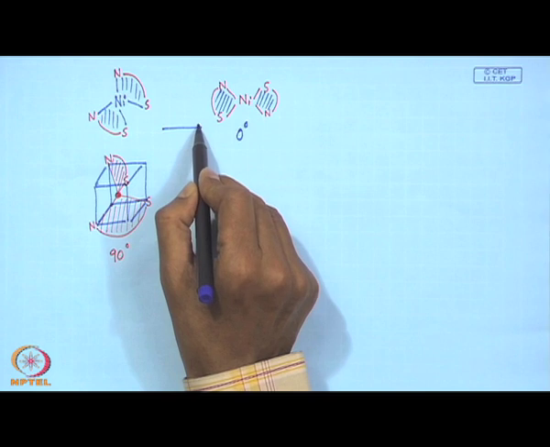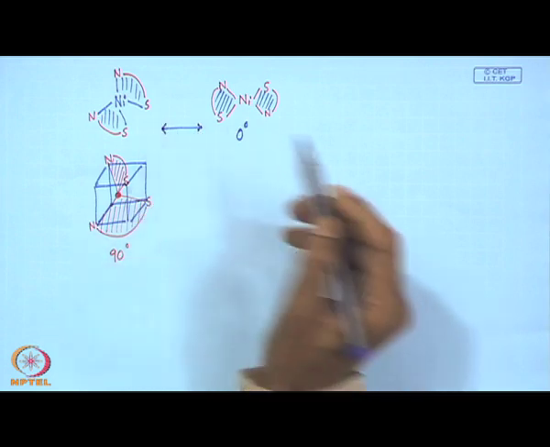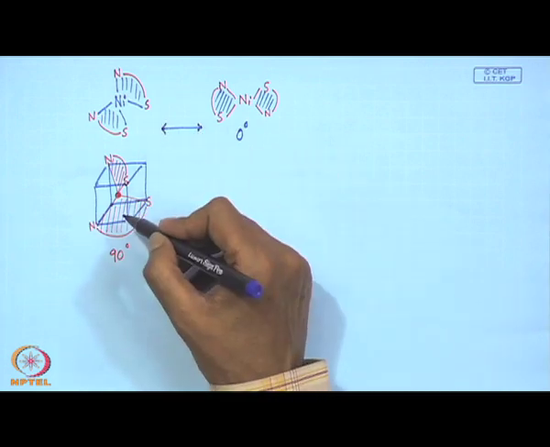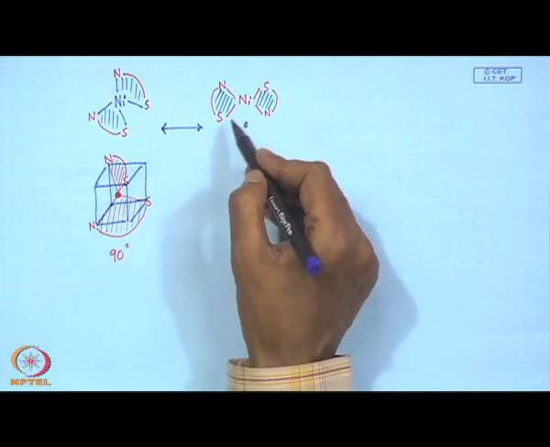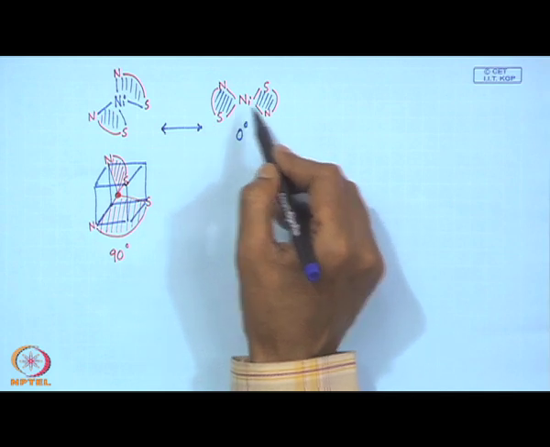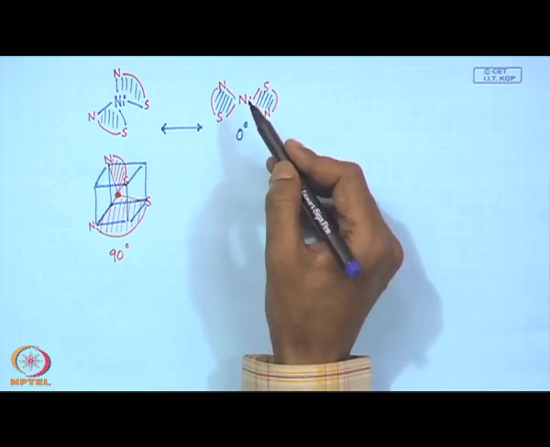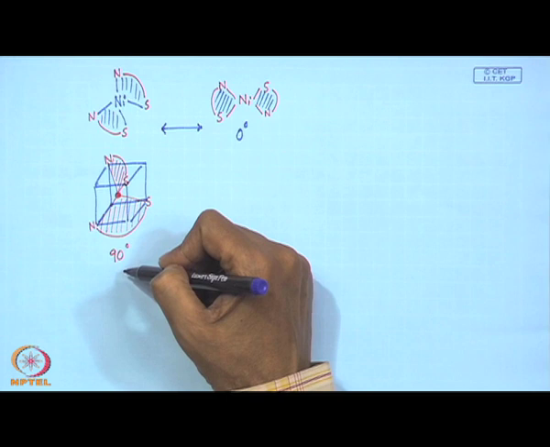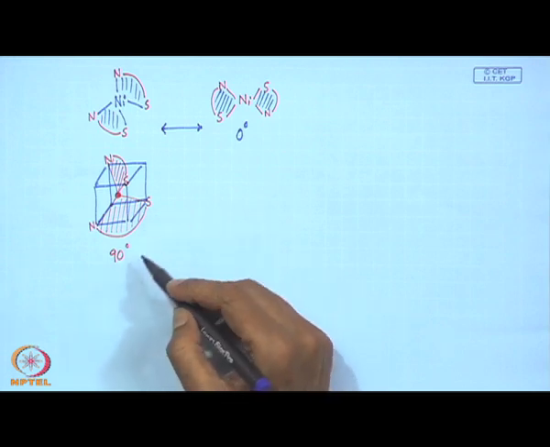In between we have other distortions, going from 0° to the perpendicular one. One plane will remain in the plane of the paper and the other plane will go perpendicular to it, giving rise to a 90° orientation.